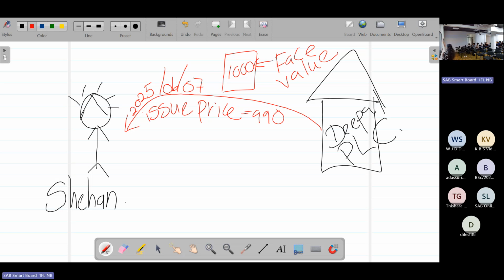So then the investor needs to settle 990 to Deepa PLC. The bond maturity period is 5 years.